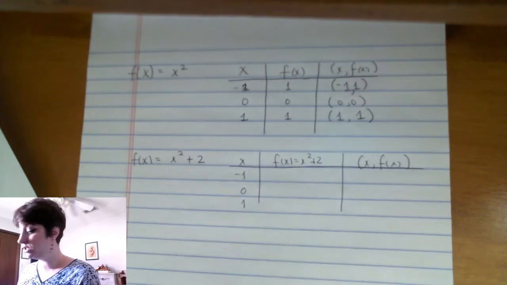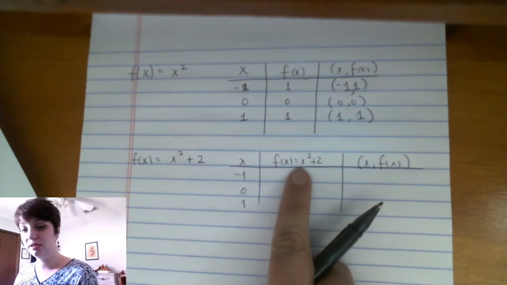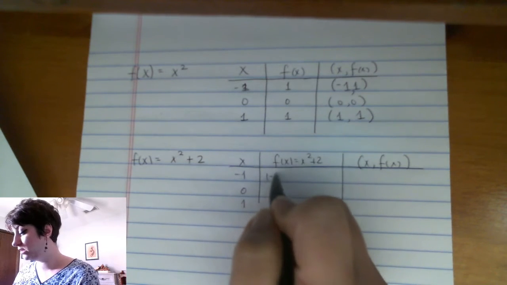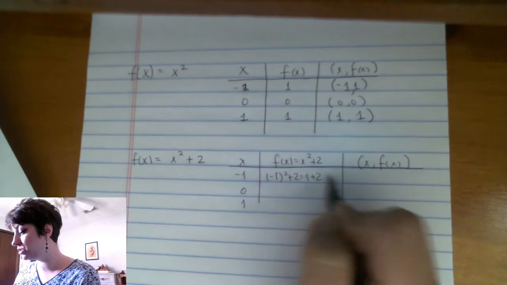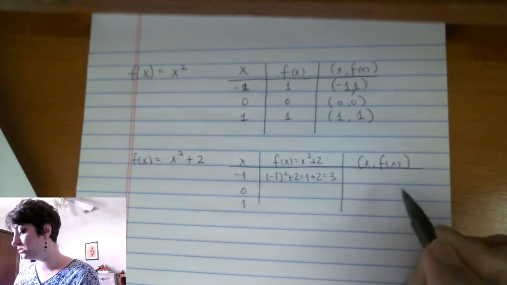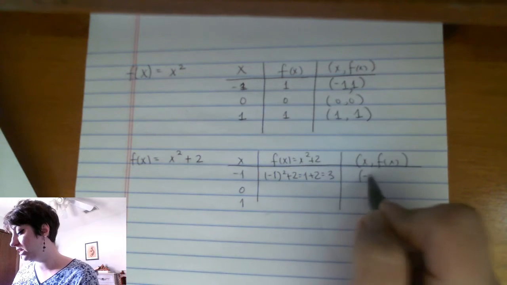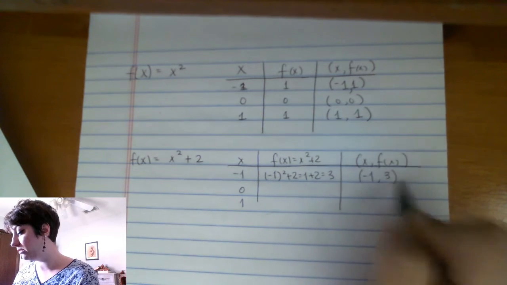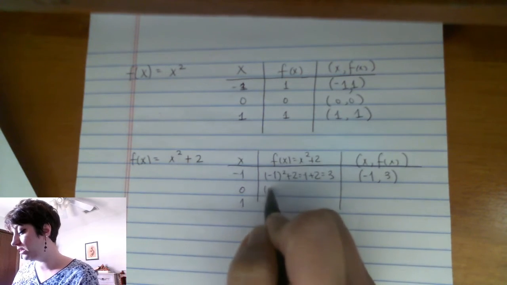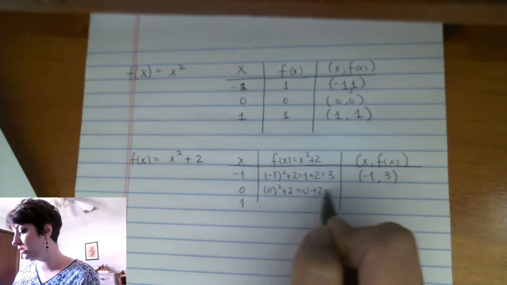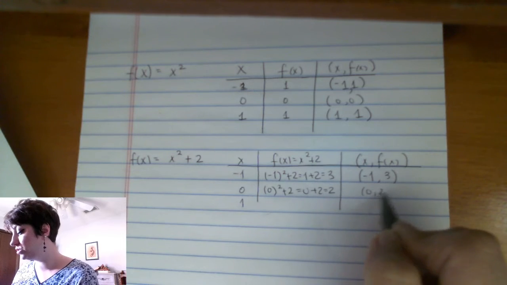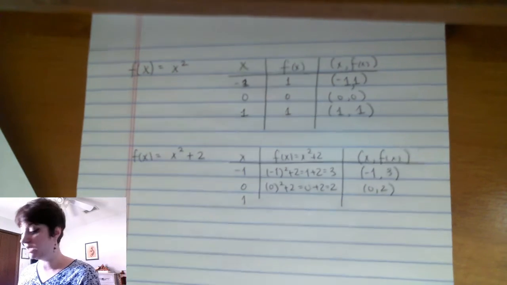So -1, when I plug that into my function, that's -1 squared plus 2, which is 1 plus 2, which is 3. So in came -1, out came 3. Then I have 0 squared plus 2, which is 0 plus 2, which is 2. So in came 0, out came 2.